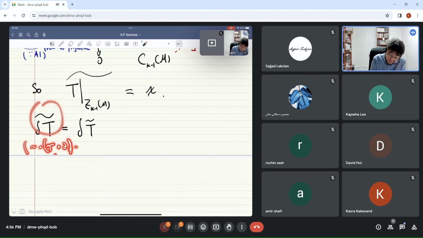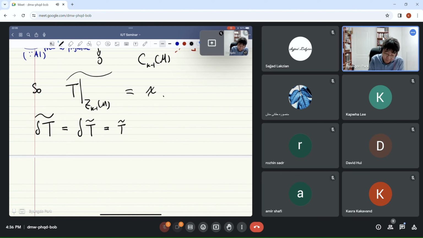If you take parentheses here, then that is that. So you can view this as T twiddle composed with this boundary.